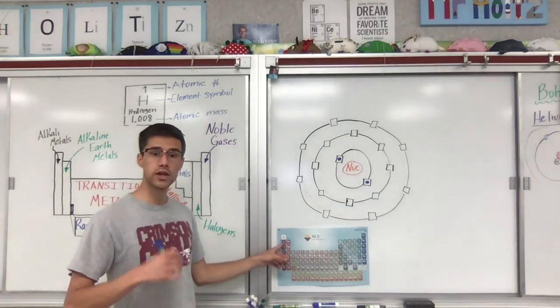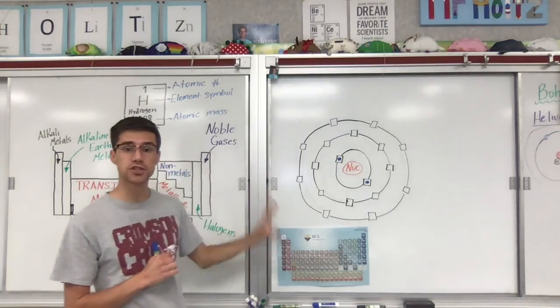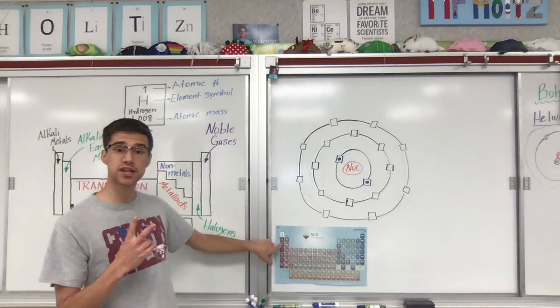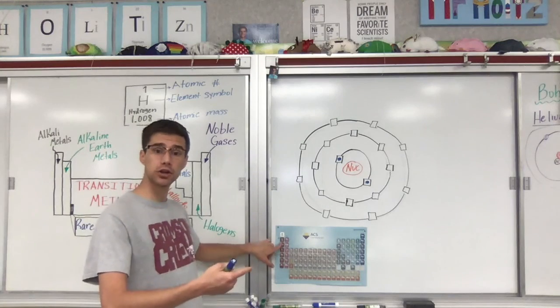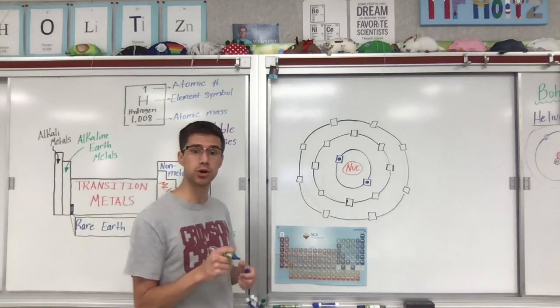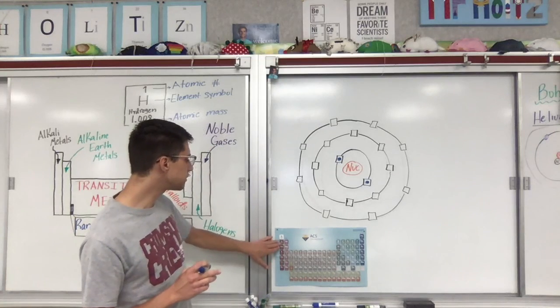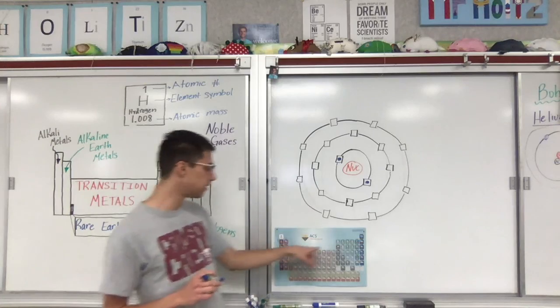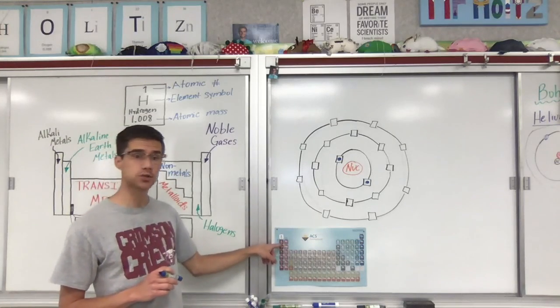Now, we compare Bohr models to the periodic table just like that, all right? Lithium is in the second row, but if we added another electron to it, we still need to account for that because it's element number 3. It has 3 protons in the nucleus. But as you can see, just like the element lithium doesn't fit here, it moves down to the next row.